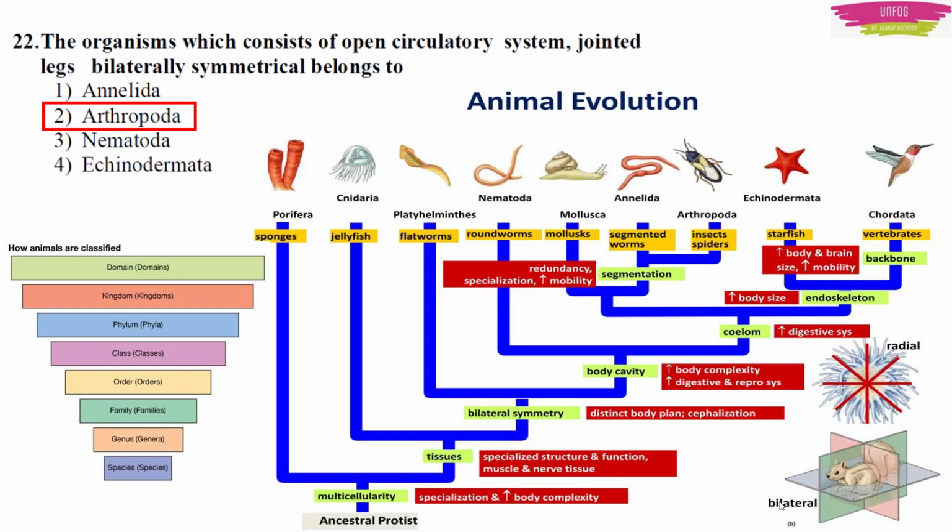So this is how animals are classified. According to their classification, they are put into different categories. Those categories are divided on the basis of subcharacteristics. For example, Arthropoda consists of open circulatory system, jointed legs which are bilaterally symmetrical. So these type of animals are put into this Arthropoda.